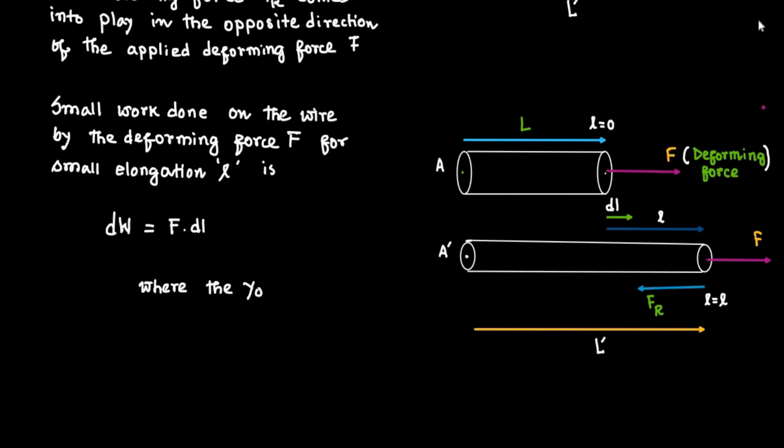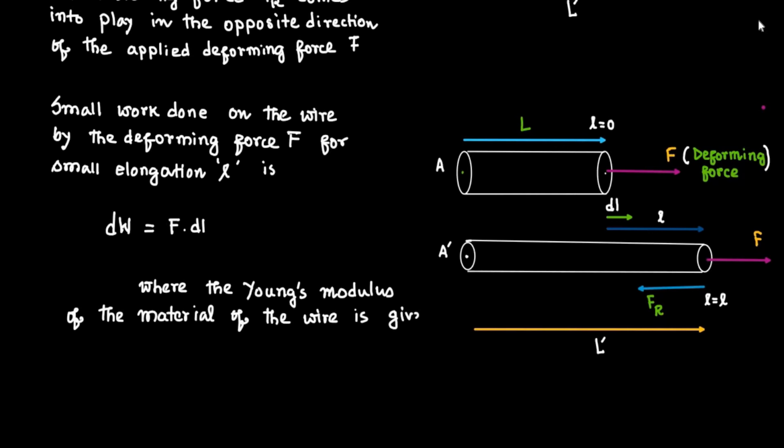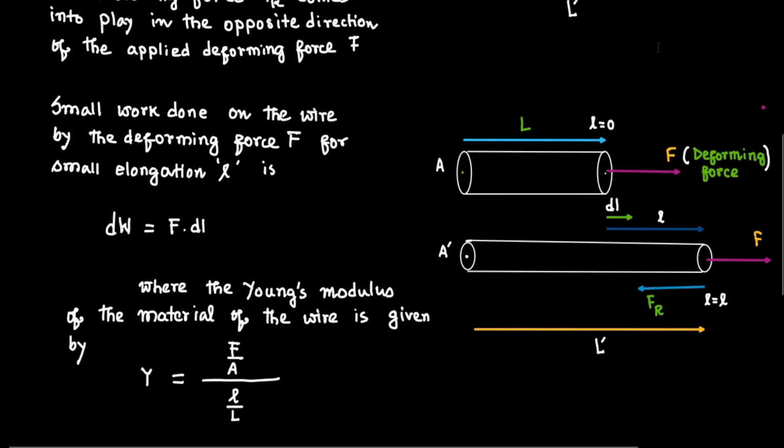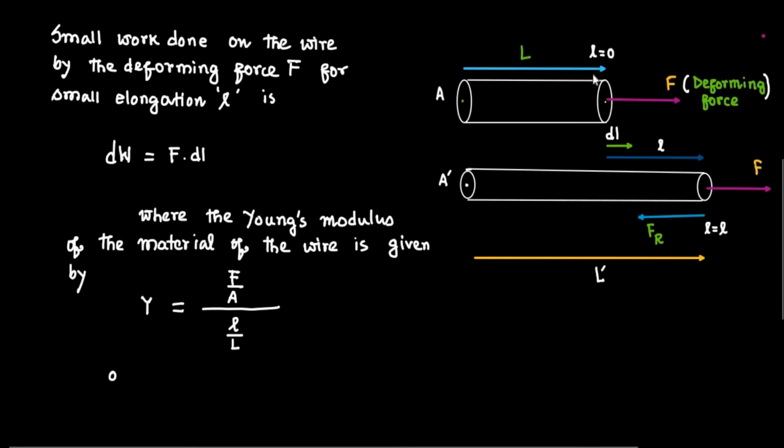So dW equals F.dl, where the Young's modulus of the material of the cylindrical wire is given by Y equals F by A divided by small l by capital L. F by A is the normal stress, small l by capital L is the longitudinal strain.